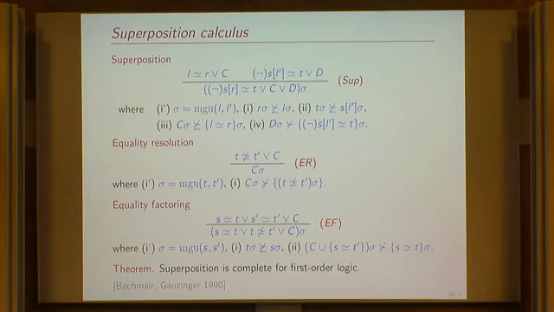The basic idea is the extension of this Knuth-Bendix completion procedure, but now we obtain this convergent term rewriting system in the limit rather than hoping for final termination. And Bachmair and Ganzinger showed that this procedure is complete for first-order logic. So currently the most powerful theorem provers for first-order logic are based on this superposition calculus.